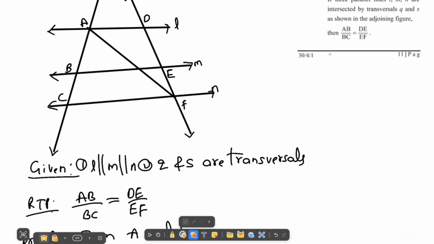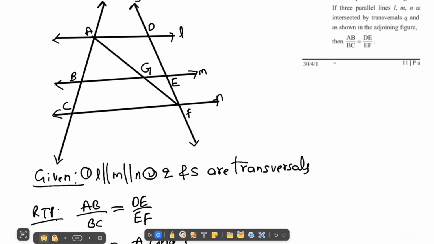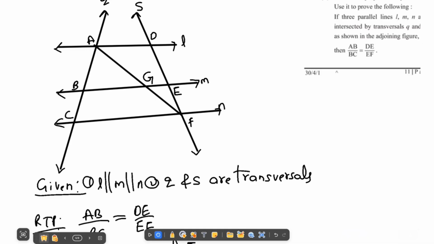So this AF intersects the line M at G, or some point, let it be G. Okay. Now let's take triangle ACF. This one, ACF.